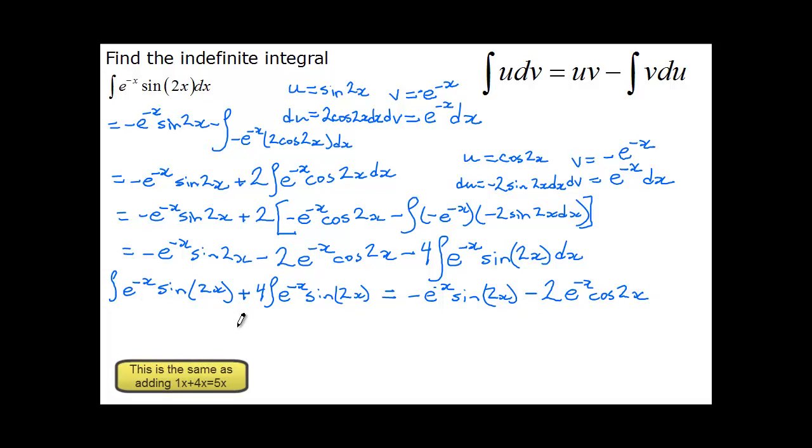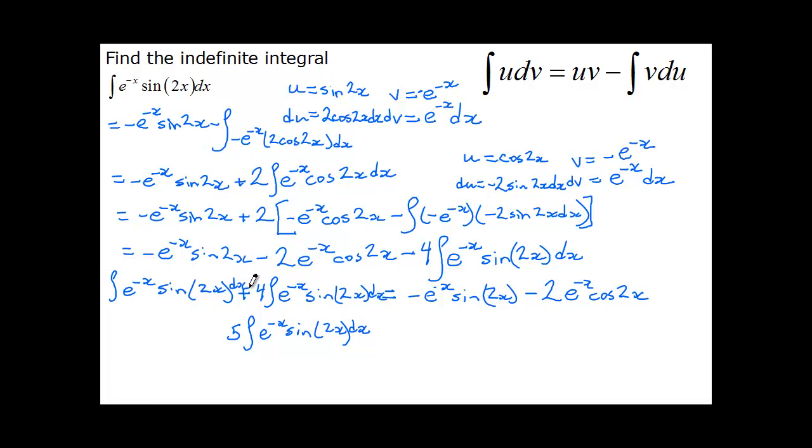On the left we get 5 times the integral of e to the minus x sine of 2x dx. We should add those dx's up here. And that's going to equal, this part's going to stay the same. Now you notice we have 5 of these. To remove the 5, we divide by 5.